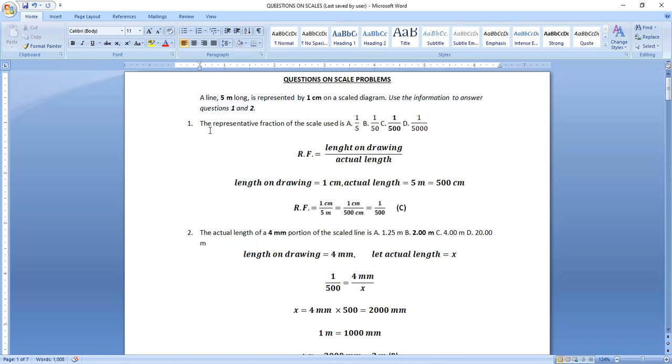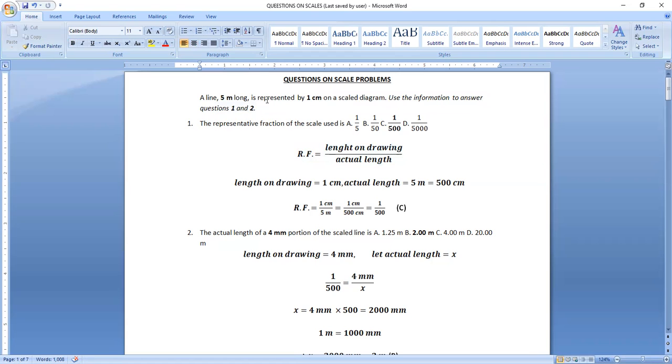So now we come to question 1, which says that the representative fraction of the scale used is... Now, if we are to calculate the representative fraction, we have a formula to make use of. The representative fraction, or RF, is calculated by using this formula, which says that RF is equal to length on drawing over actual length.